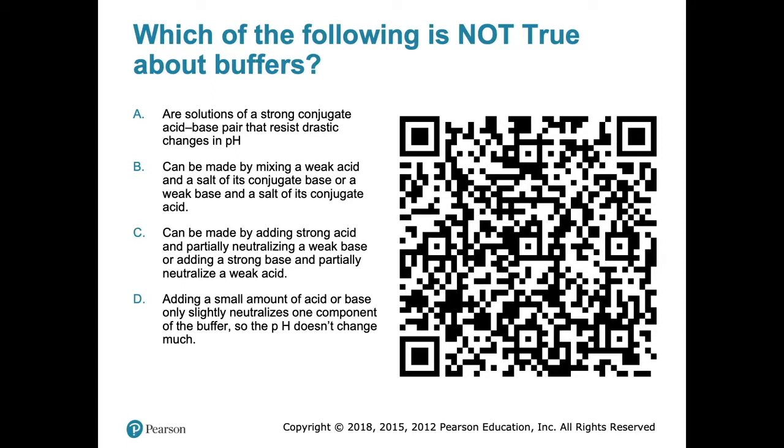It can be made by adding a strong acid and partially neutralizing the weak base, or adding a strong base and partially neutralizing a weak acid, or adding a small amount of acid or base only slightly neutralizes one component, so the buffer doesn't change much.